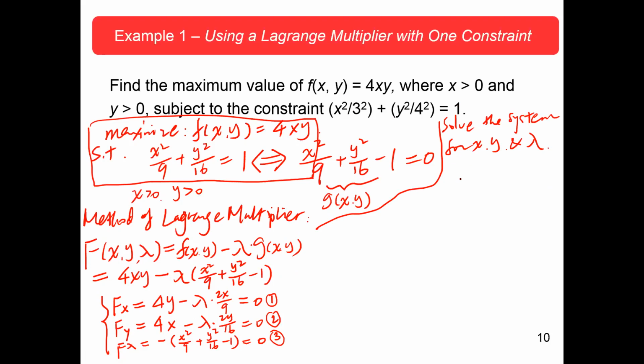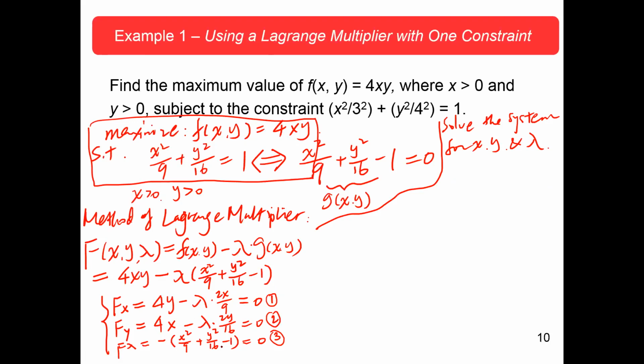Now, a lot of times when you're solving a system, you can use the method of substitution, you can use the method of elimination. If you look at this system, you can see that equation 1 and equation 2 have the variable lambda. Equation 3 does not have lambda at all.